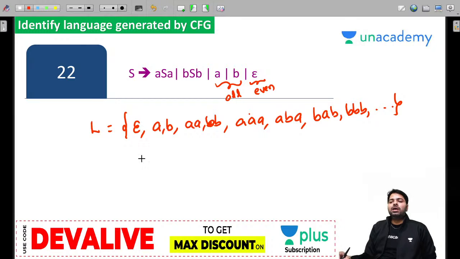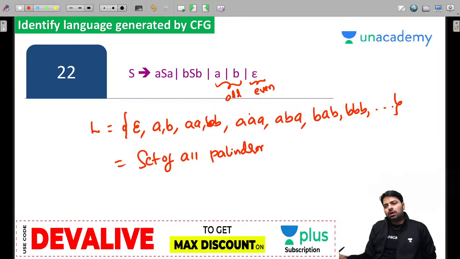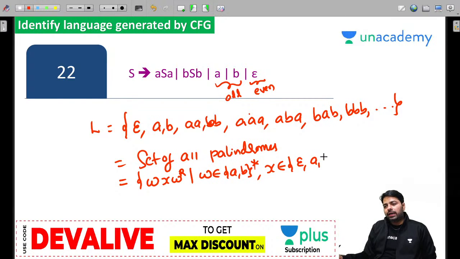Some are even length, some are odd length. Here, the set of all palindromes, all palindromes you can represent as W X W power R. Yes, X you can write, that's a good point, where W belongs to anything and X belongs to epsilon or A or B.